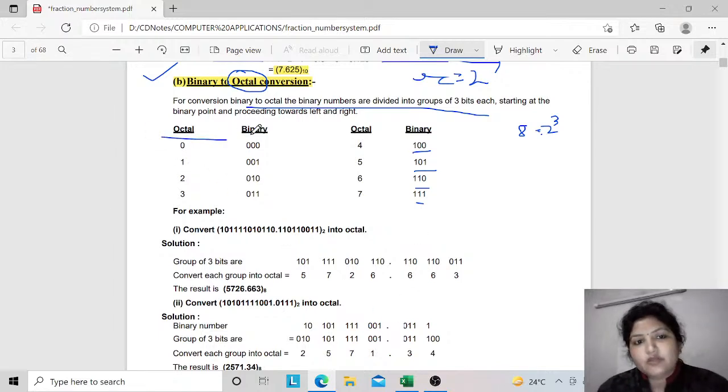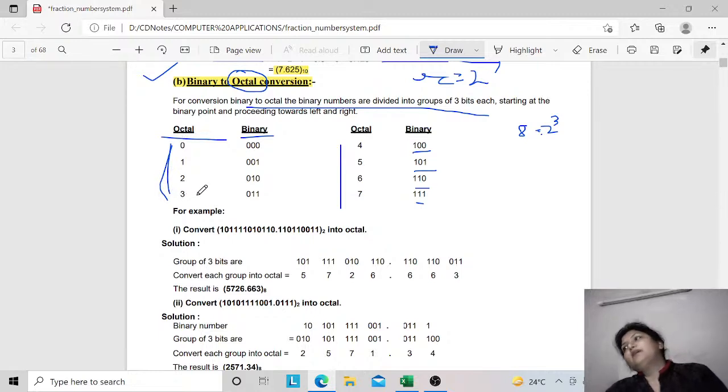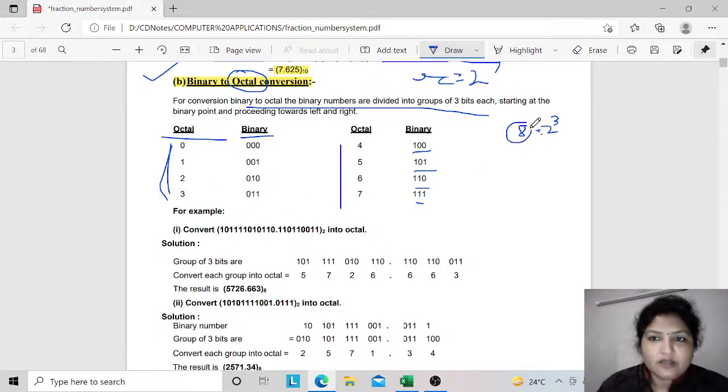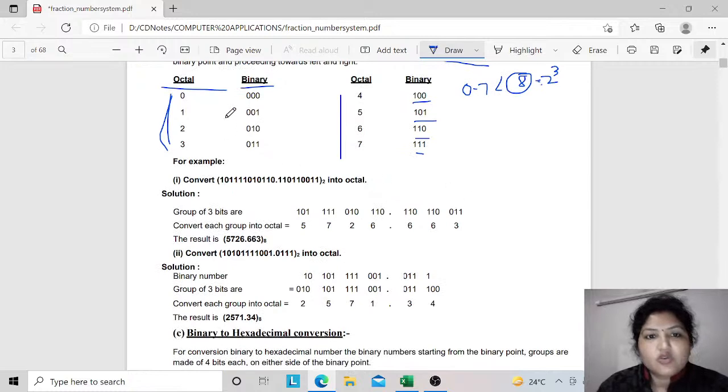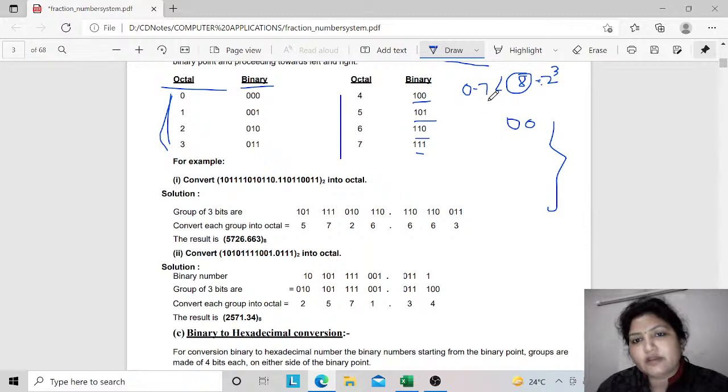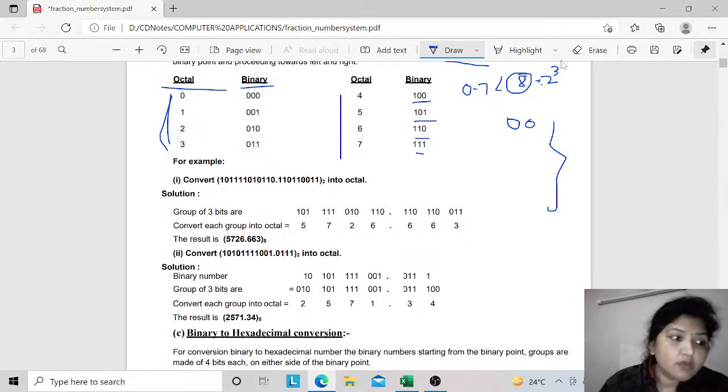You have the octal number, you have the binary number, and it is from 0 to 7, right? Because we know that our base would be 8, so our combinations of digits would lie from 0 to 7, that is less than 8, right? And one thing more, I have explained how it starts. So you have 4 combinations when we make the binary representation, 2 raised to the power 3 or 2 raised to the power 4.